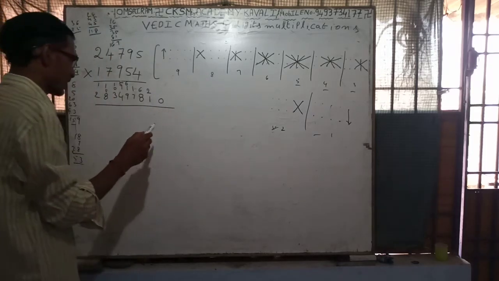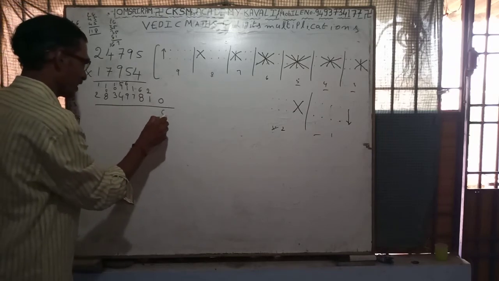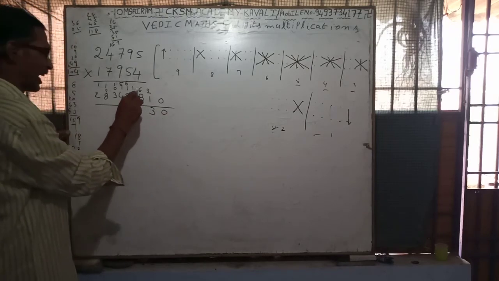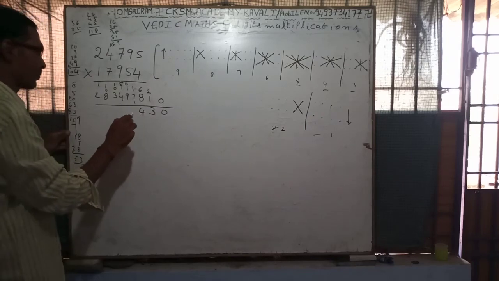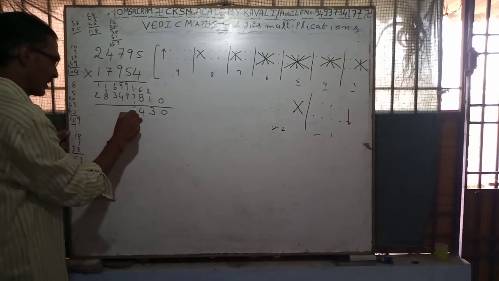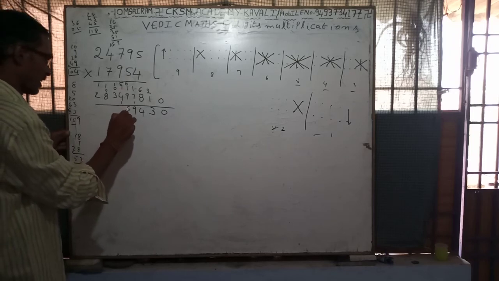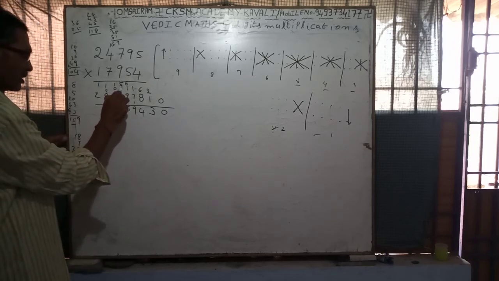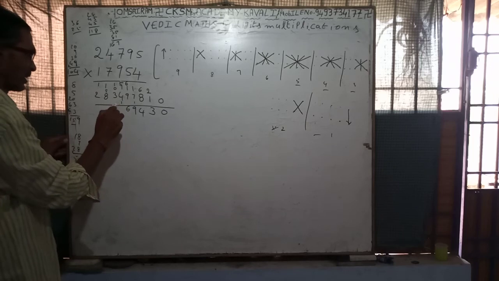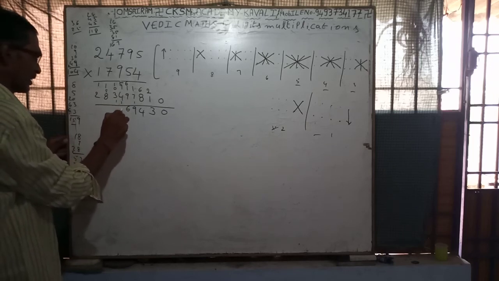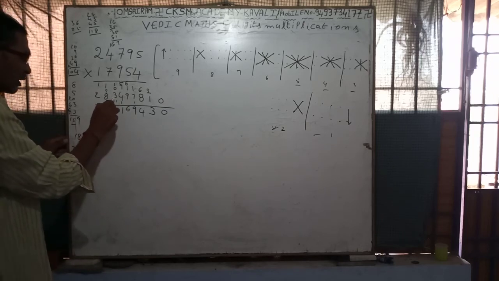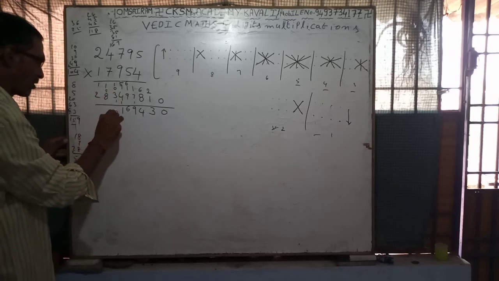So we add this addition. 0, 3, 8 plus 6 is 14. 7 plus 1 plus 1 is 9. 9 plus 1 is 10. 10 plus 6 is 16. Next 5 plus 1 is 6. 6 plus 4 is 10, 11. 3 plus 1 is 4. 4 plus 1 is 5.